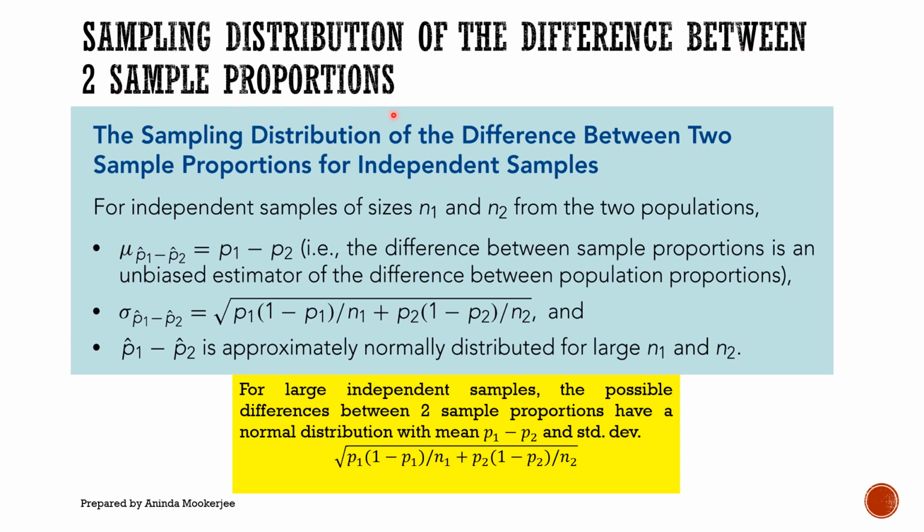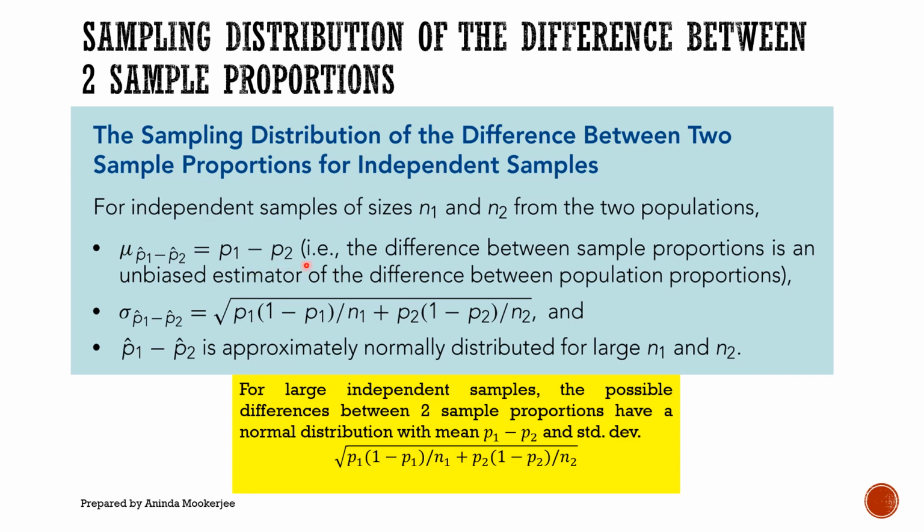Again, because we are working with two proportions, we are comparing them, and comparison means we are looking at the difference between the two proportions, and from the result of the difference, we are going to determine which one is higher or greater than the other one, or if there's no difference, they're almost the same, and so on.